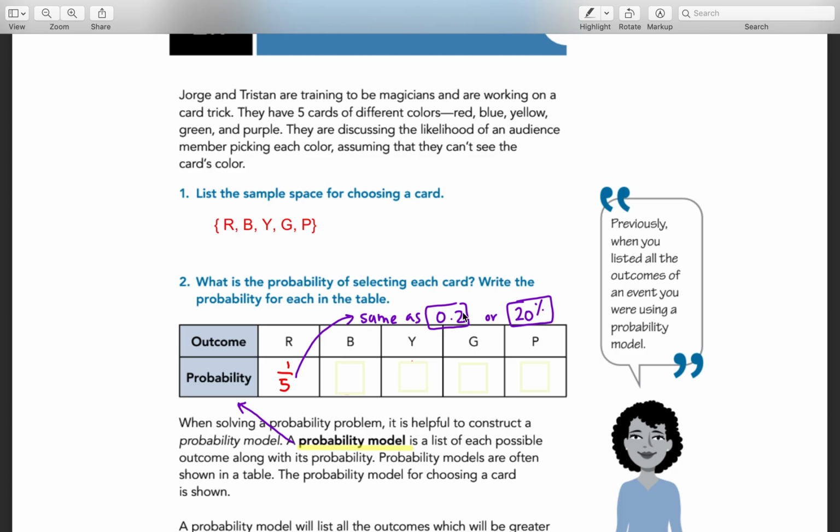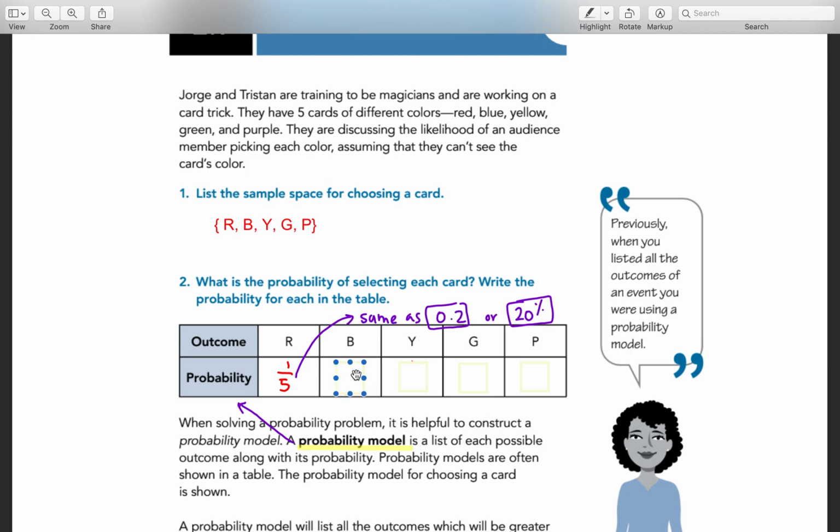Just recall that to get a decimal from a fraction, you divide the numerator by the denominator. So 1 divided by 5 will give you 0.2. Or you can move the decimal place to the right twice to get a percentage, 20%. So you have a 20% chance of choosing the R card from the sample space.